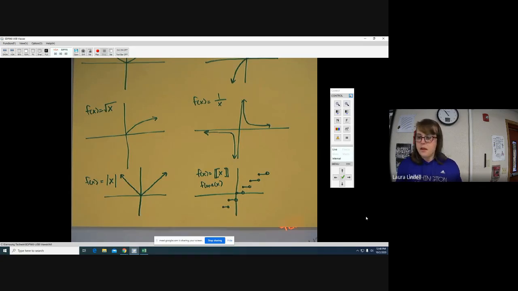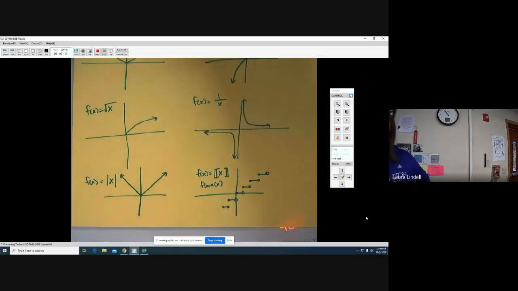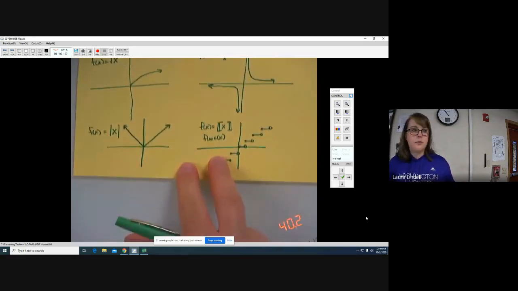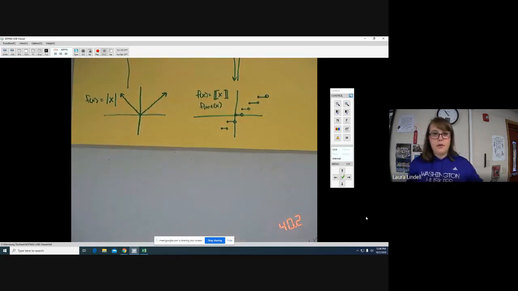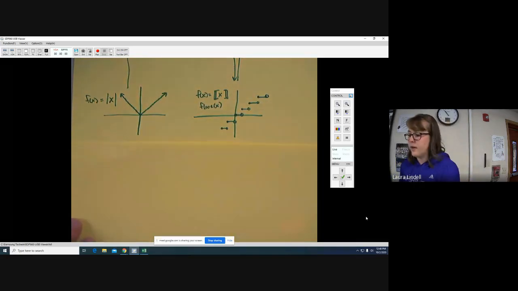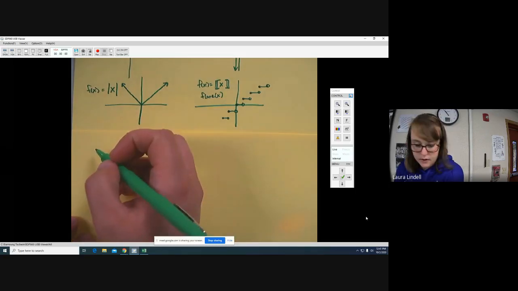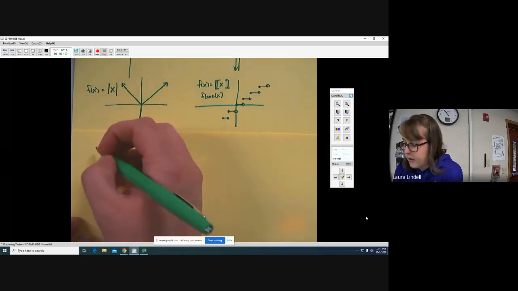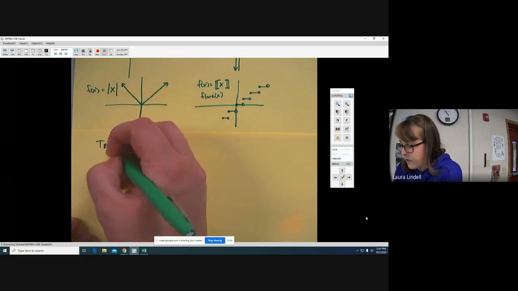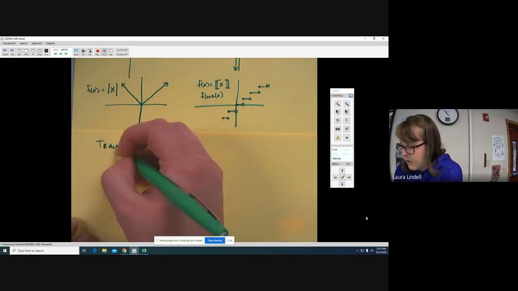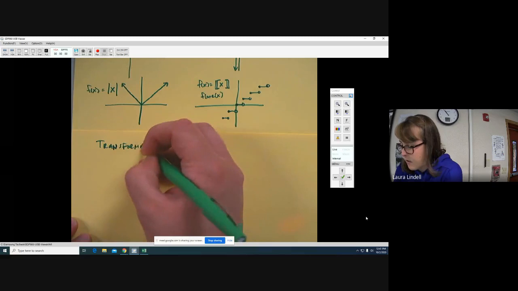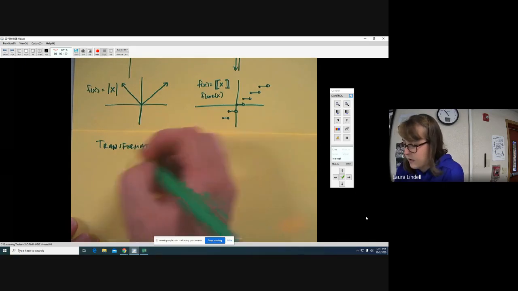Okay. So I'm going to show the function transformations in a couple of different ways. The first way is going to be with an example, and then the second way is going to be the generic function notation way to write it. Okay, so transformations.